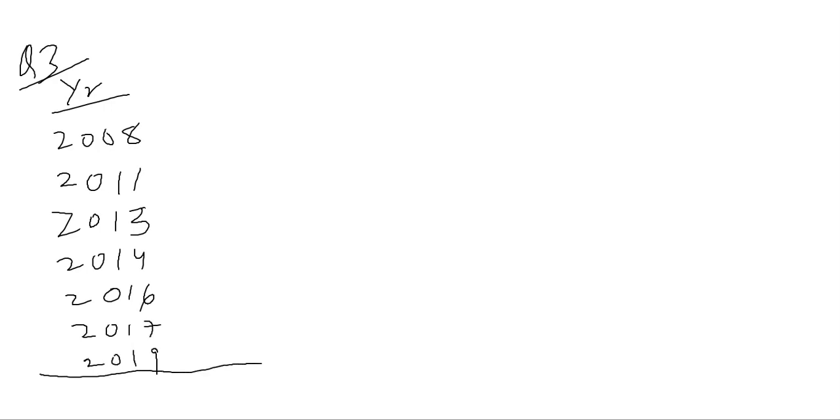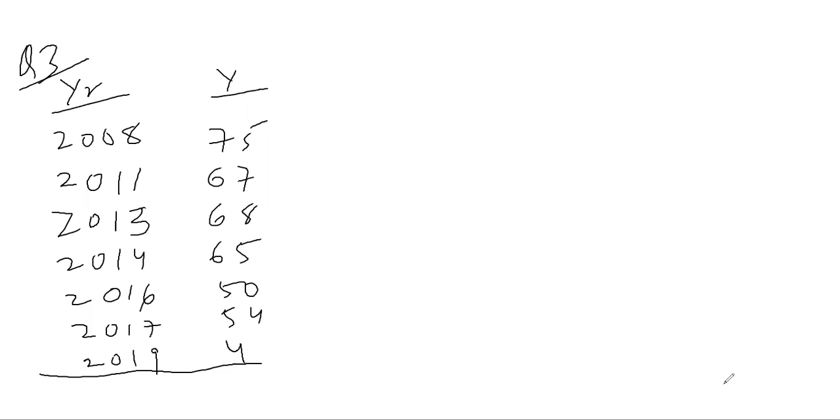Then your y values are given in thousands: 75, 67, 68, 65. Write the values properly. Then 50, 54 and 41. Okay.